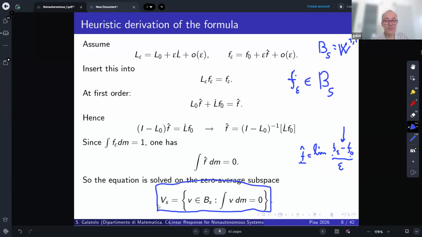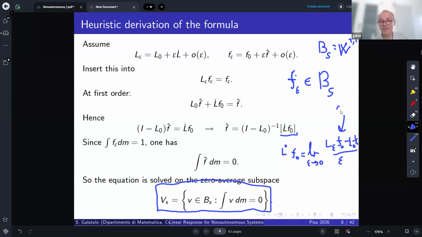If the measure has a density, okay? But now we consider only measures having a density. So the linear response will be in the zero average space, but not only the linear response, also this one is in the zero average space. Why? Because of the same reason. L dot F naught is the limit, epsilon going to 0, of L epsilon F naught minus L0 F naught divided by epsilon.